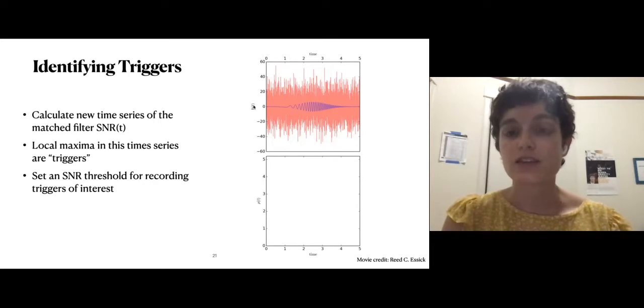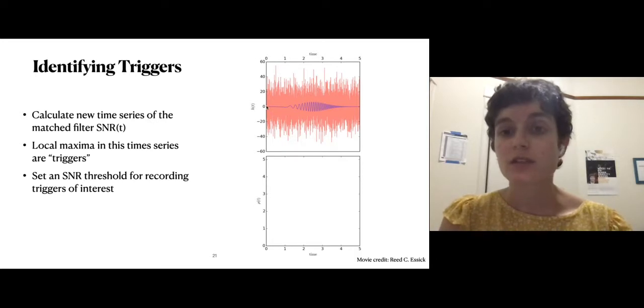H of t is the gravitational wave strain as a function of time. Here you can see that in this background pink, it looks like this forest of lines, but it's actually this curve that is the strain as a function of time. And there might be a signal embedded in this, and the signal will look something like this.